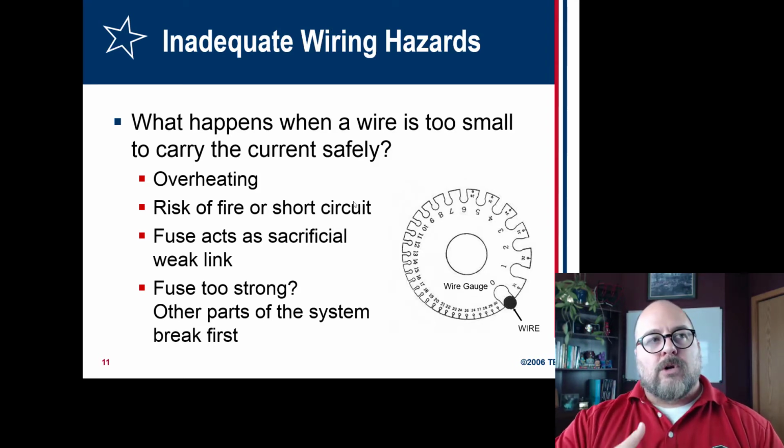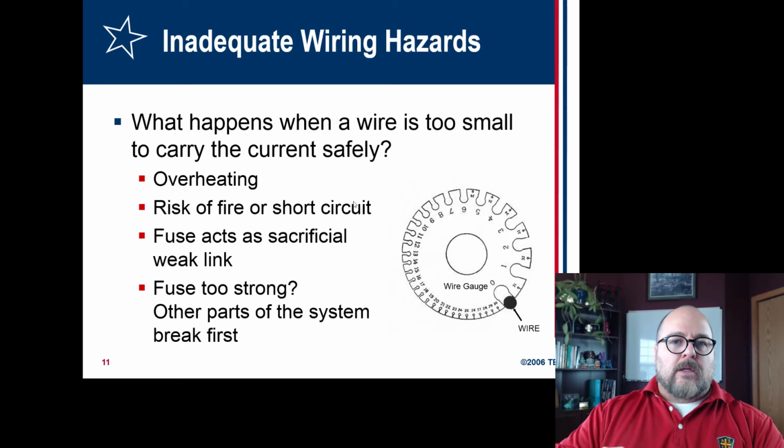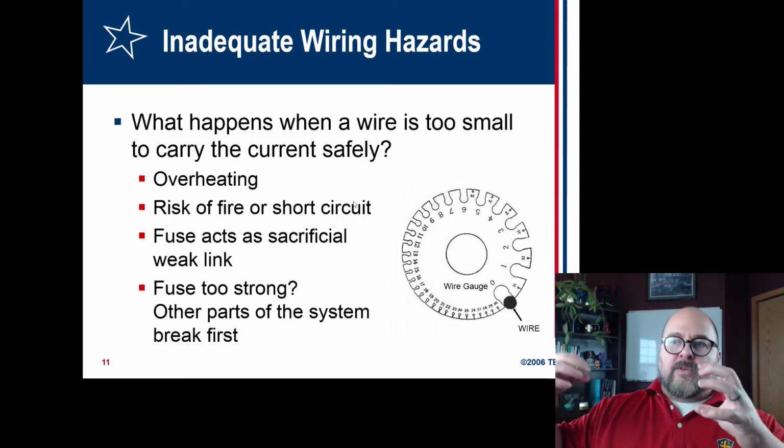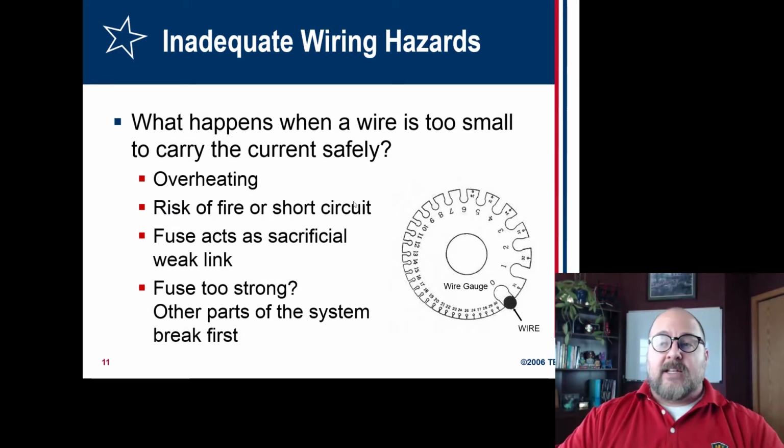But if you're trying to force too much power or too much amperage through a certain diameter of wire, all those electrons cramming together release heat. And that heat can damage insulation or electrical components.